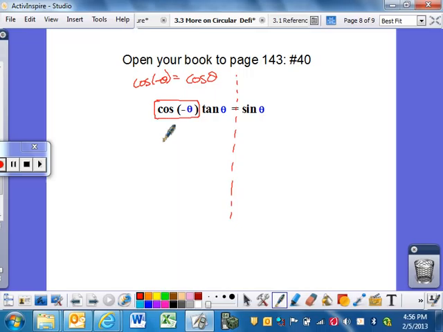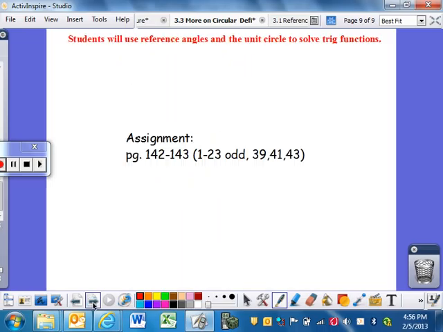So if you plug that in, hey, what's cosine theta? Tangent theta. Well, tangent theta we should know now as y over x, or sine theta over cosine theta. Cross them out. You're left with sine theta, and we have a smiley face. So that's as easy as it is. You're able to use your salmon sheet for all of these proofs with the negative angles, and that's where you're going to kind of see those things.